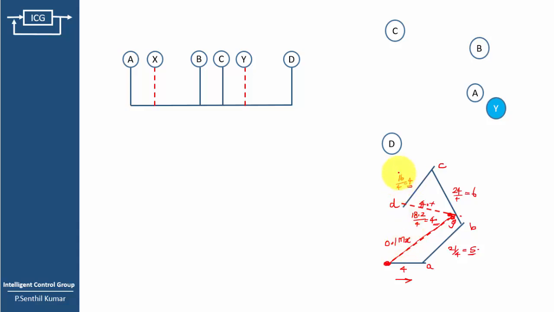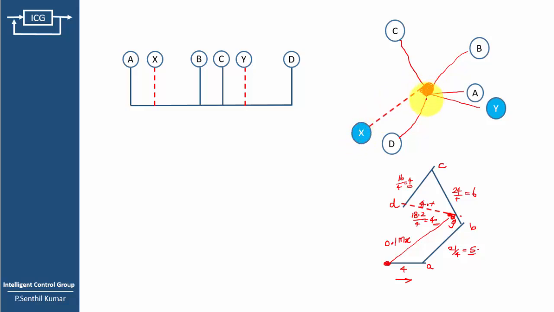Now move this line here, so this is A and this is Y, B, C, D. Now move this line to the top of the diagram, so it will connect at this point. So this is a starting point, so it will move like this. So this is point X.